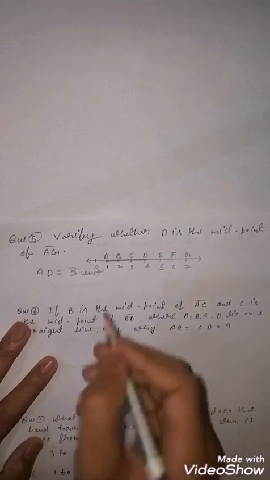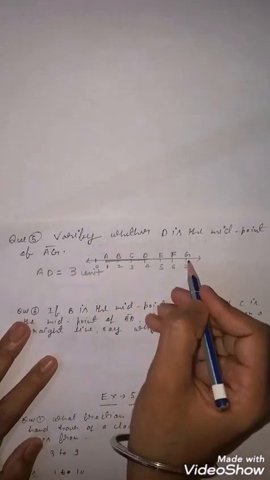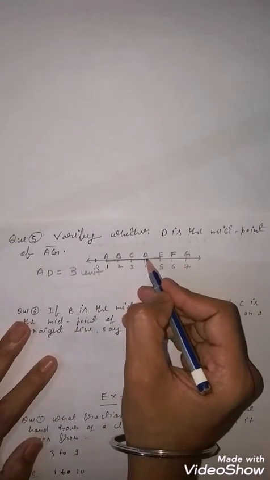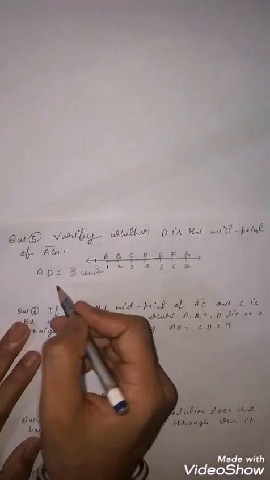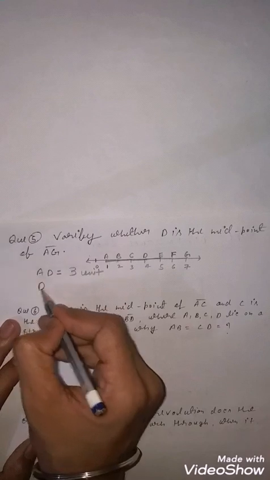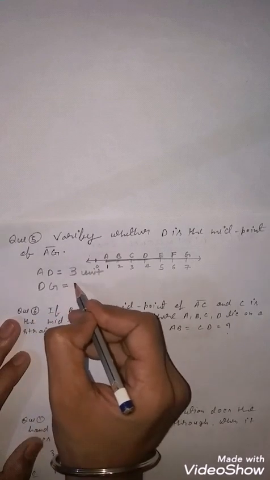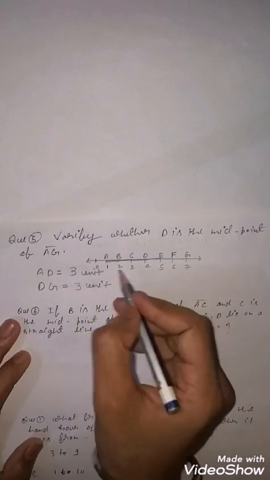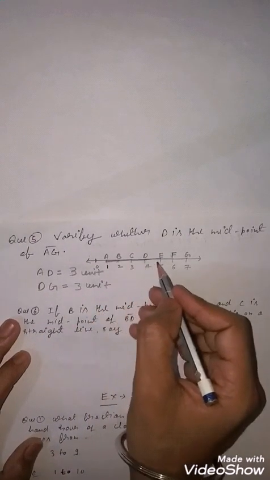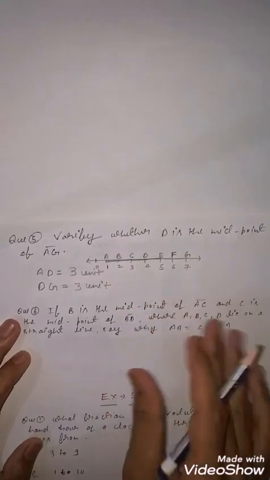Clear student? Similarly, if you go D to G, D to E 1 unit, E to F 1 unit and F to G also 1 unit. So total D to G is 3 units. Clear student? So it means from A to D the distance is equal and from D to G the distance is also equal.